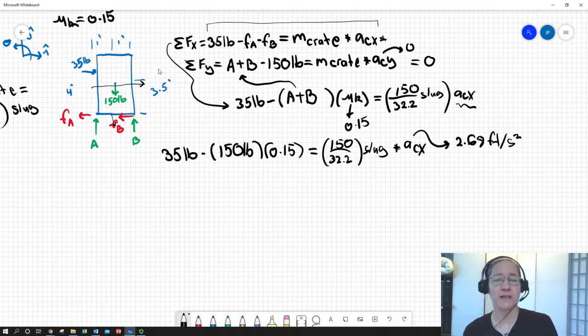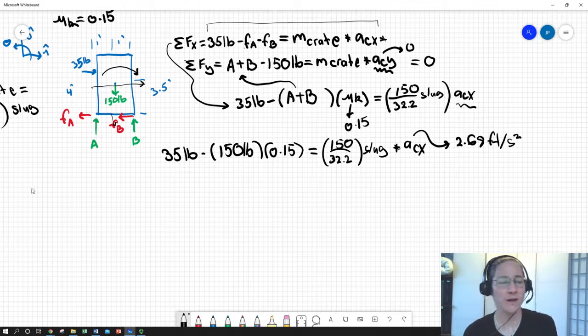So this is the next important point we need to look at. We need to start making some assumptions about acceleration. We were able to assume ACY was 0 because the crate's not sinking into the surface. We'll also notice it's not tilting over. It's not rotating at all in the plane of motion that we're considering.